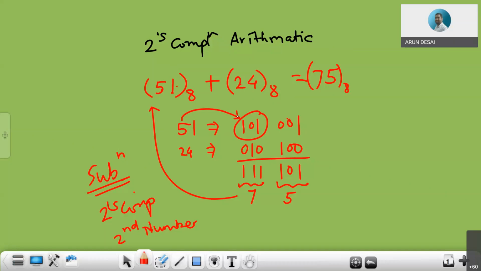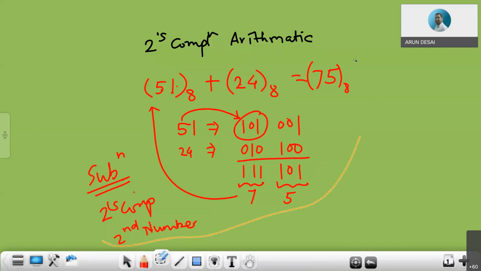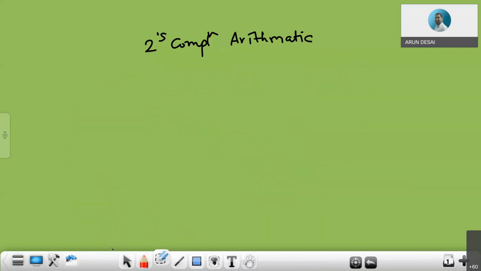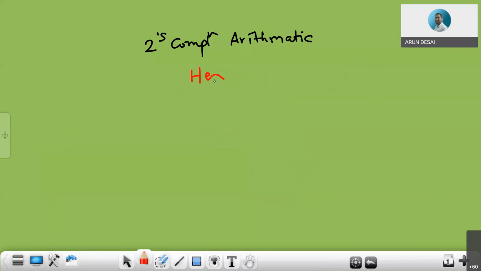Now, next is the hexadecimal number system.